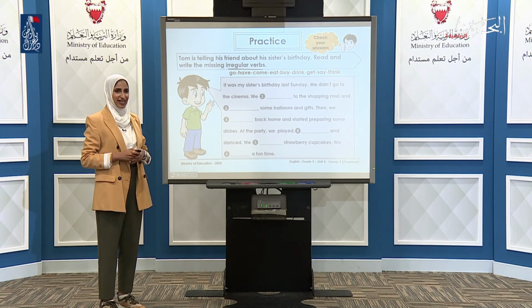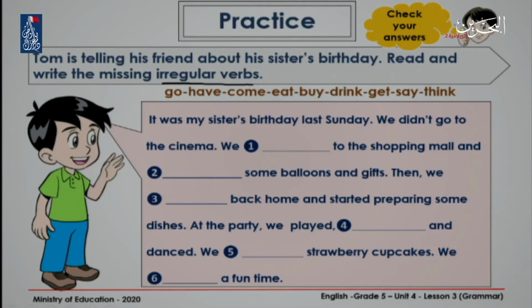Now let's check our answers. It was my sister's birthday last Sunday. We didn't go to the cinema. We went to the shopping mall and bought some balloons and gifts. Then we came back home and started preparing some dishes.